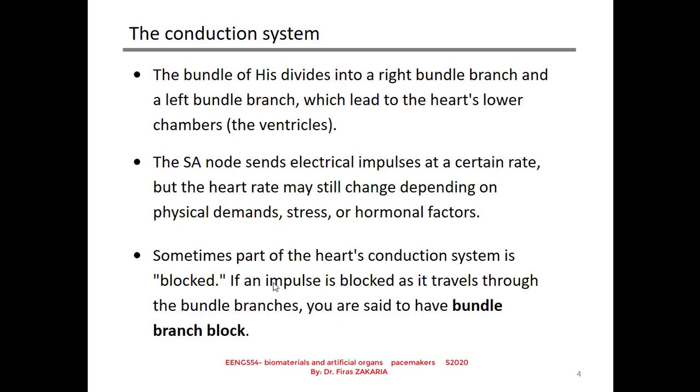Usually some people may have a block in the heart's conduction system. So their heart's conduction system is blocked. If an impulse is blocked as it travels through the bundle branches, we say that this is a bundle branch block. We will see later what the solution is for such a problem.